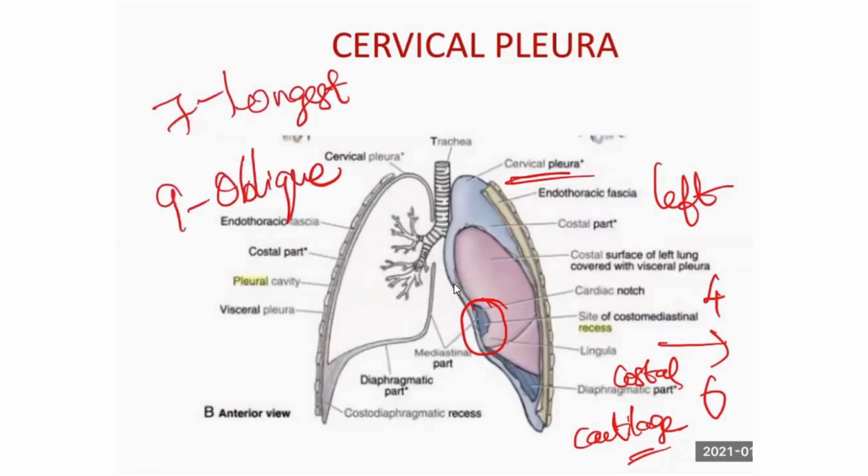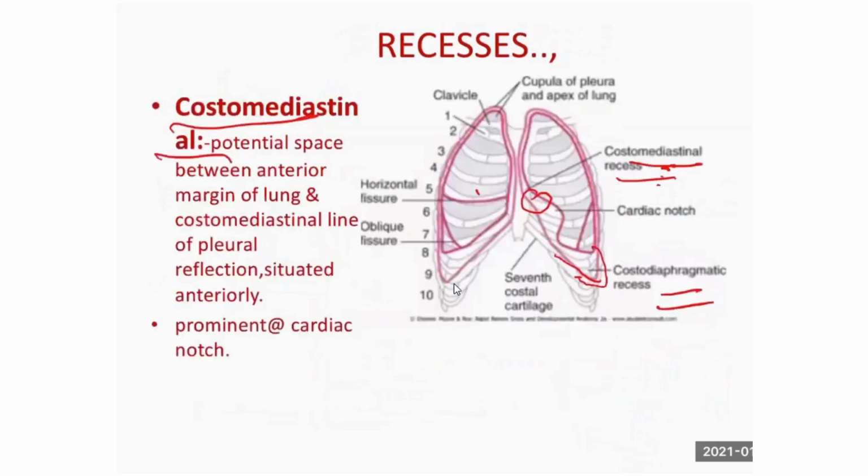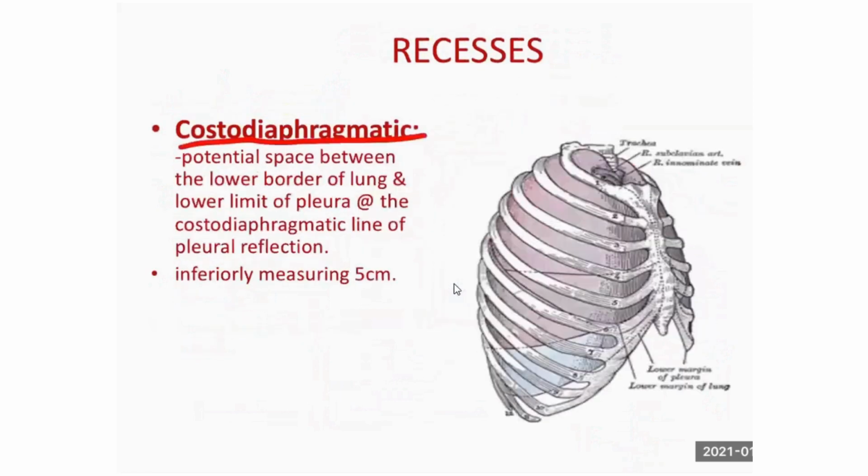This you have to remember. Recess, how many recesses? 2 recesses. Costo-mediastinal, costo-diaphragmatic. What is the maximum area of cardiac dullness? 4th to 6th costal cartilage.